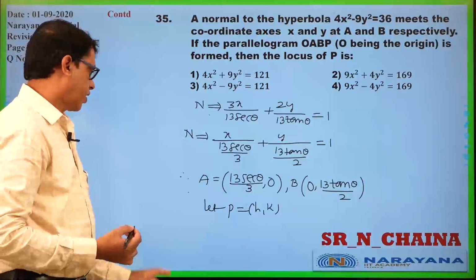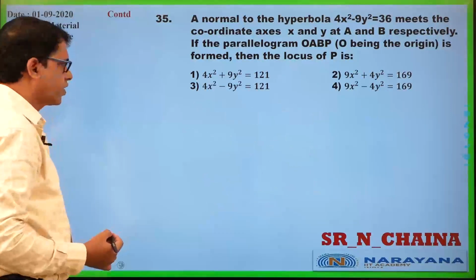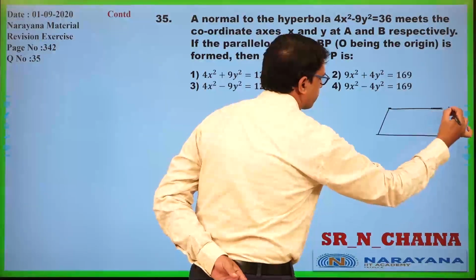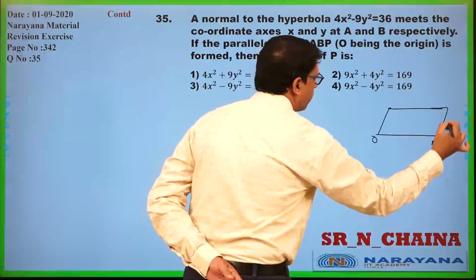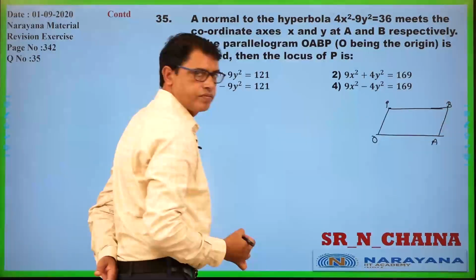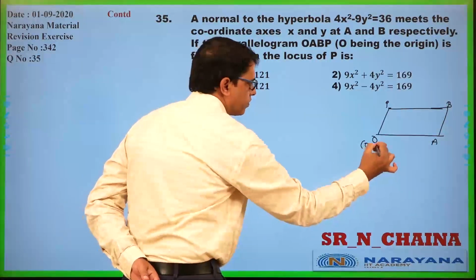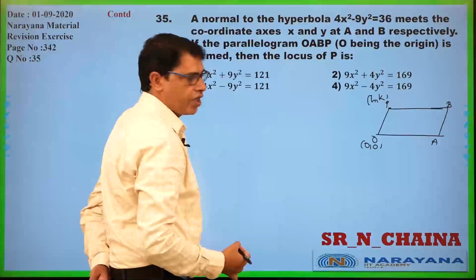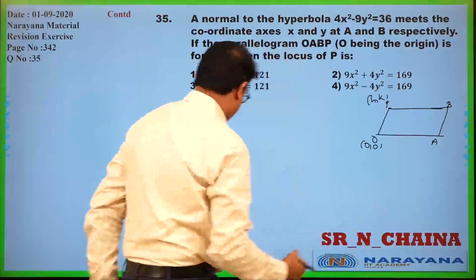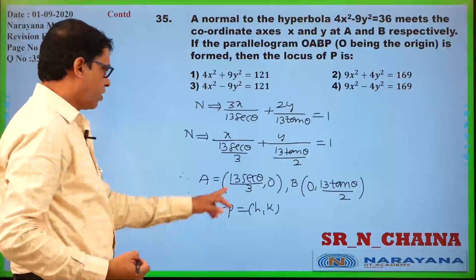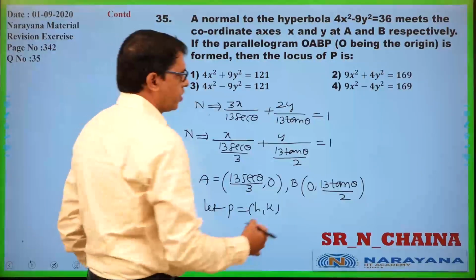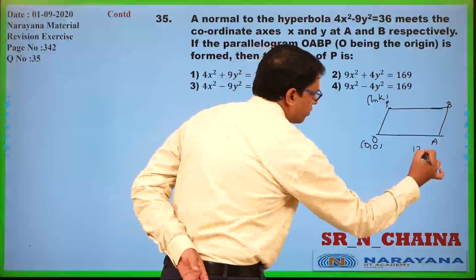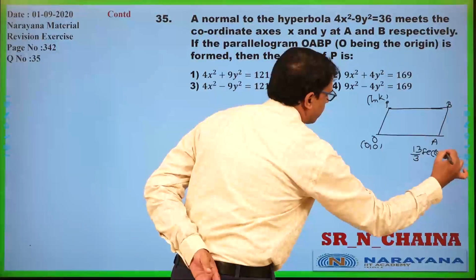Now, go to the next page. See here, what is the parallelogram? OAPB. Obviously O is the origin. Here we have taken P coordinates are h comma k. A coordinates are 13 by 3 secant theta comma 0.